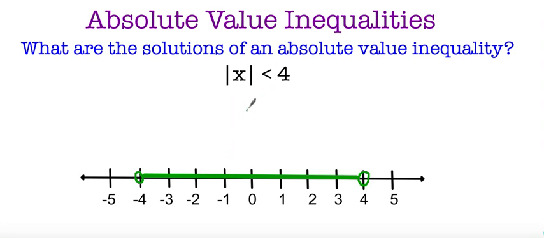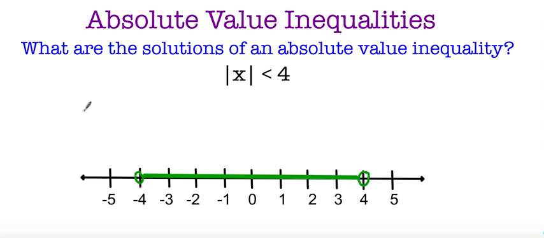The absolute value of negative 2 is 2, and that's less than 4. The absolute value of negative 1 is 1, and that's less than 4. And even all our numbers in between, such as 3 and 5/10, 3 and 75/100, negative 3 and 5/10, negative 3 and 75/100. So everything that is shaded is true for this inequality.